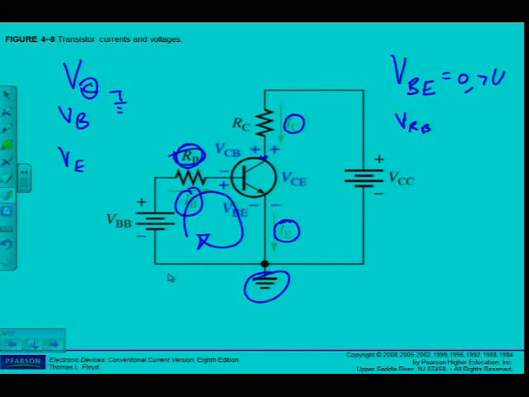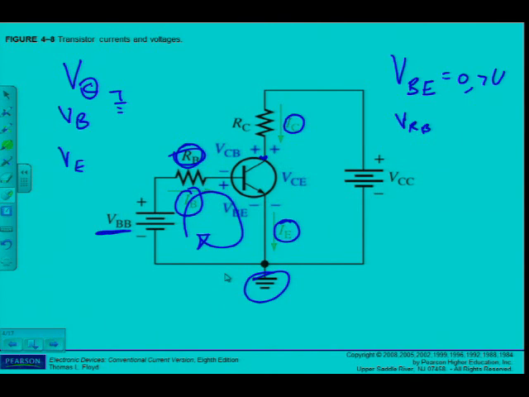V is equal to I times R. Then of course I have to know the values of the resistor, and I have to know the value of the current IB to be able to calculate VRB. And normally I would have the value of VBB, so I can calculate VRB by using Kirchhoff's law, for instance, as well. I've seen that I can use Ohm's law. VRB is equal to IB RB.